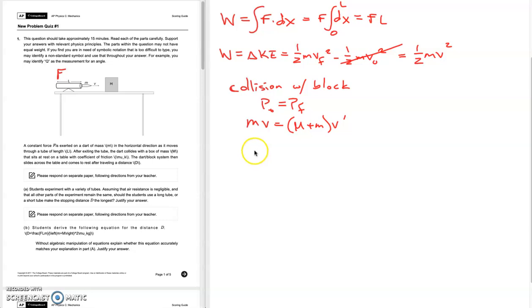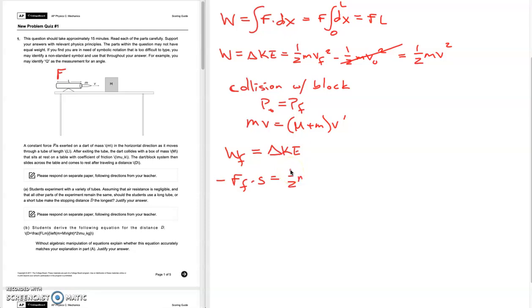And then what's going to happen is we're going to have work done by friction cause the bullet and block system to slow down and stop. So then we're going to have minus force of friction times distance, and I'm going to use a different symbol here, S, instead of L or D, because L and D show up later on.